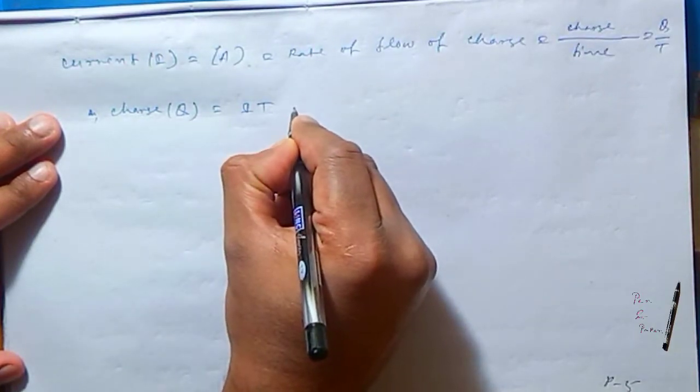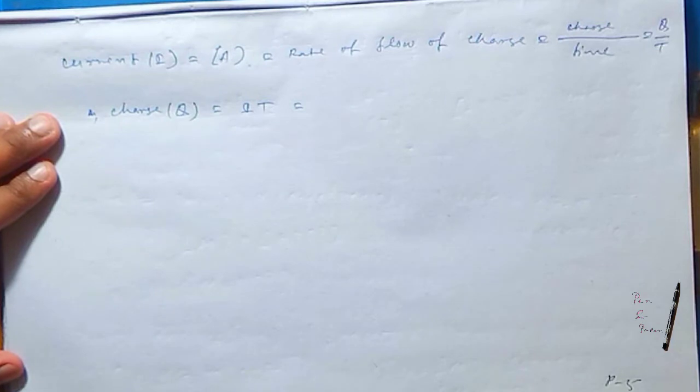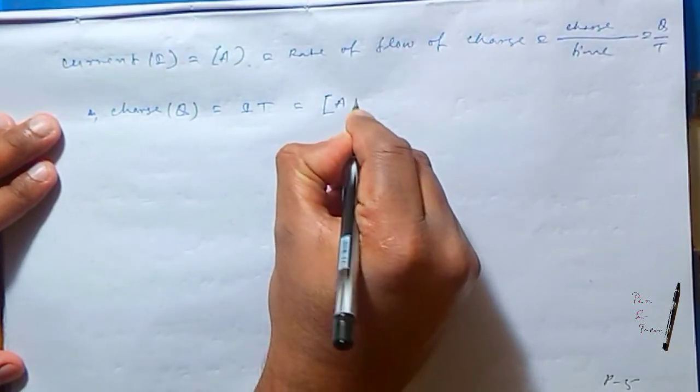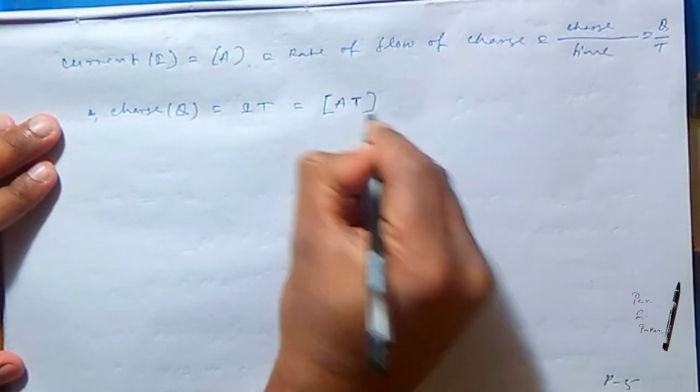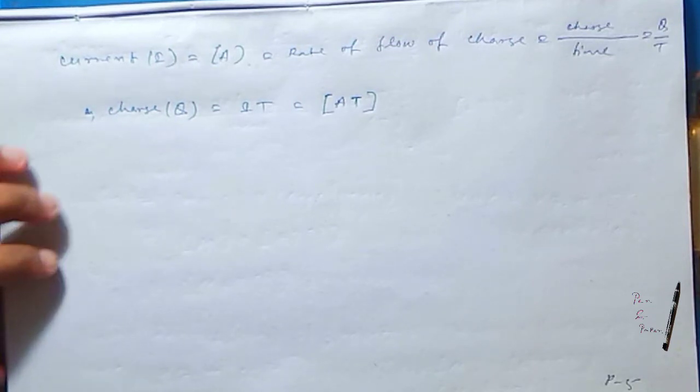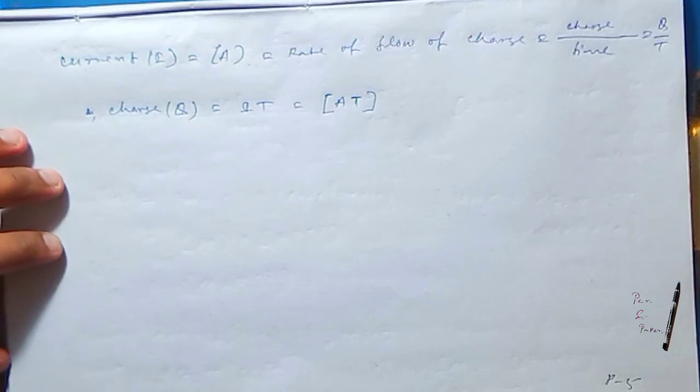So current dimension is A, and time dimension is T. So the dimension is AT. Unit of charge is coulomb, as we all know.